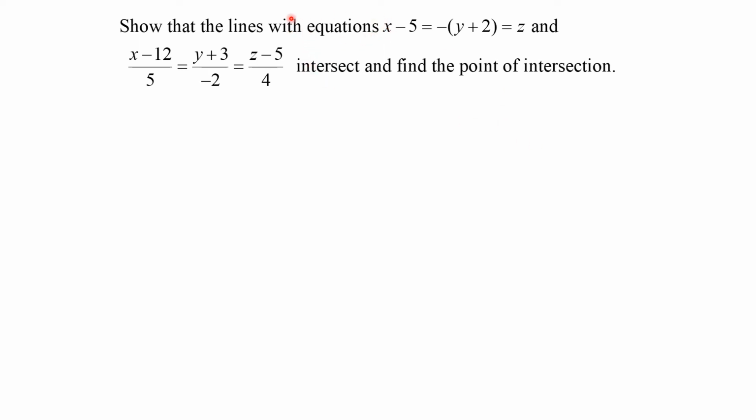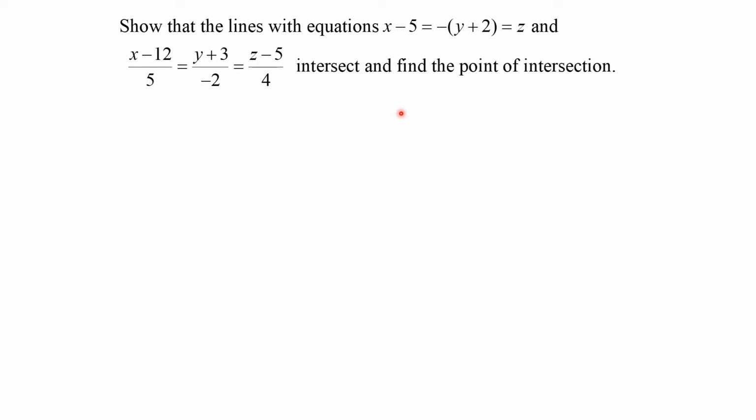The first line is (x minus 5) over 1, equals negative y over 2, equals (negative y plus 2) over 1, equals z over 1. And the second equation is as stated over here. You need to show whether these two lines intersect, and for the second part of the question, you need to find the point of intersection.